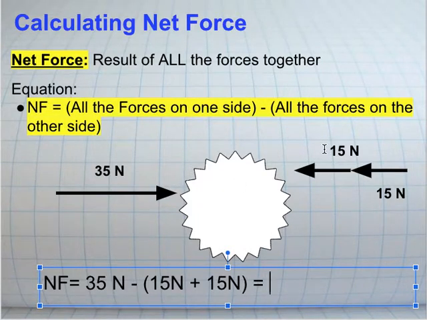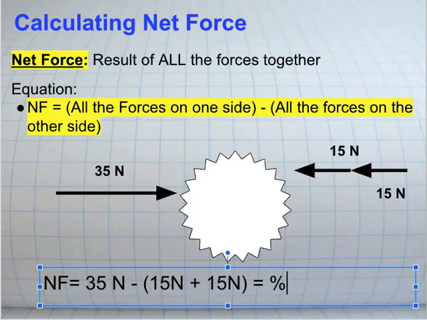When they're going in opposite directions, they start canceling each other out. It's just like tug of war, or if you're trying to push a box and the other person is trying to push the box towards you. You're both trying to push hard, but there's always going to be one person that's a little bit stronger. So which one's stronger? If I add these up, 15 plus 15 is 30, and I subtract that from 35. So 35 minus 30.